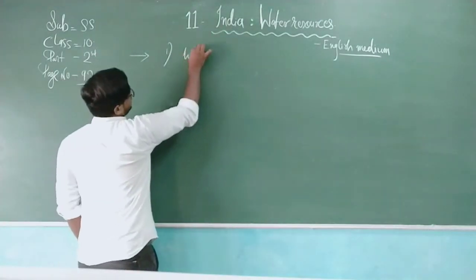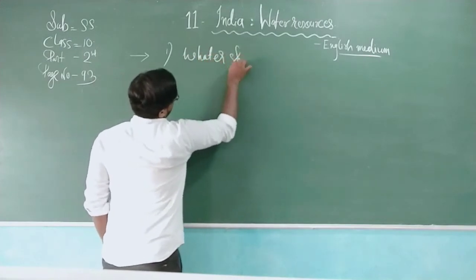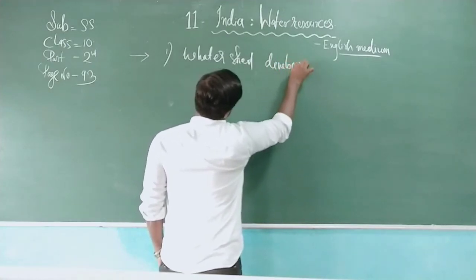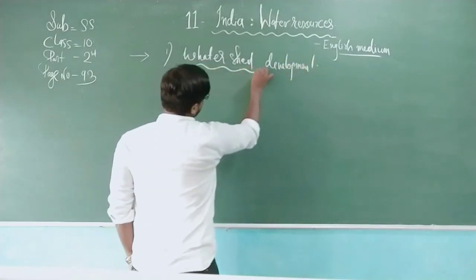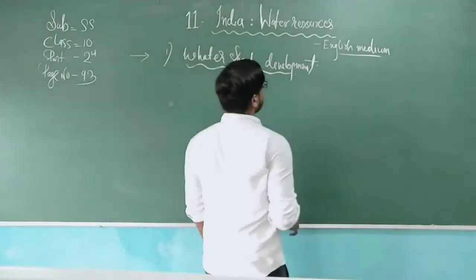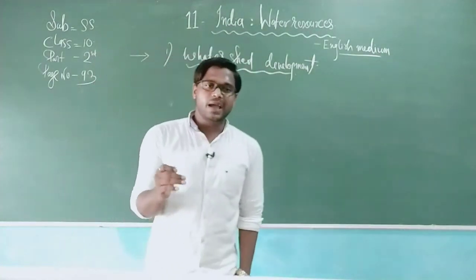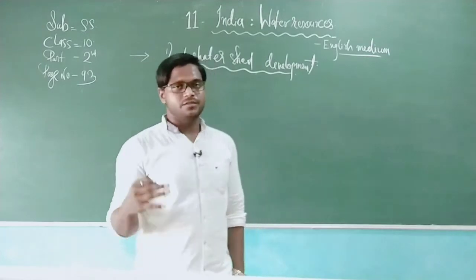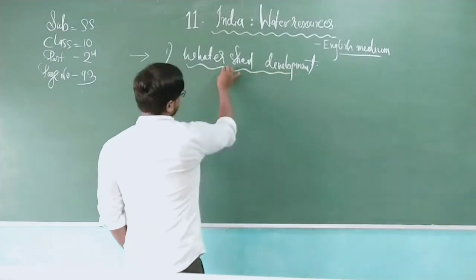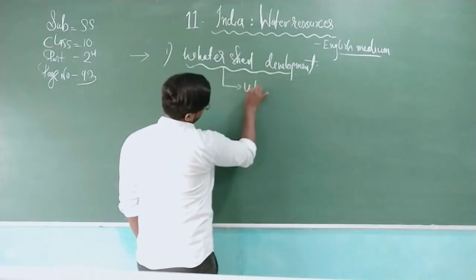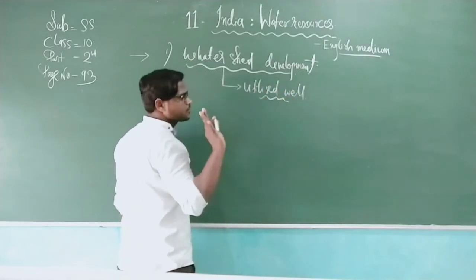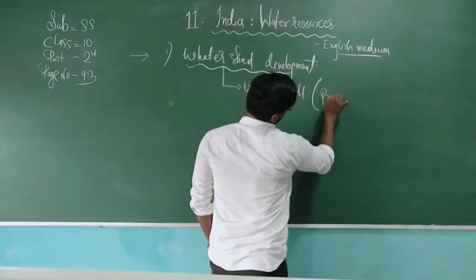Now what is watershed development? You need to understand first of all the meaning of that, because as per my knowledge and as the book is giving you the information, watershed development is a process where water can be utilized well, a proper use.